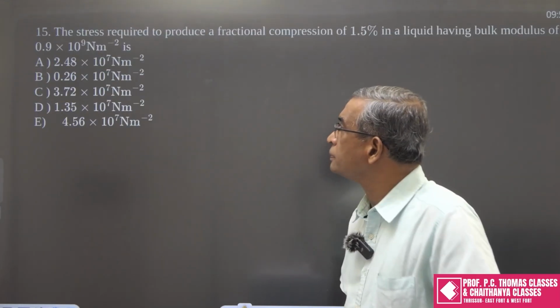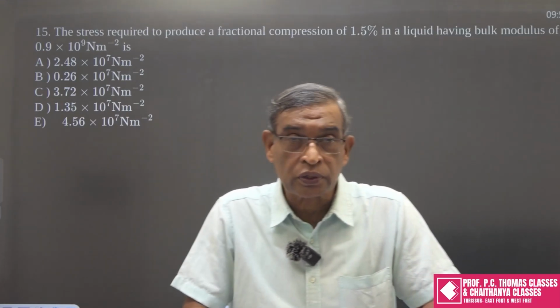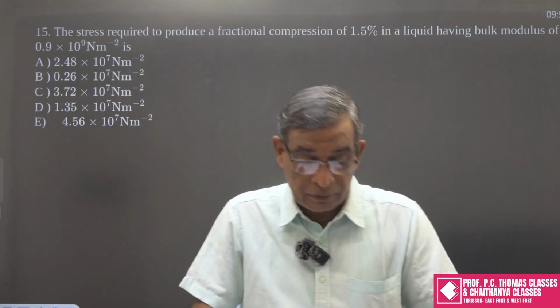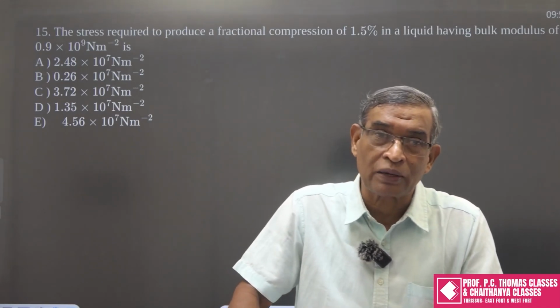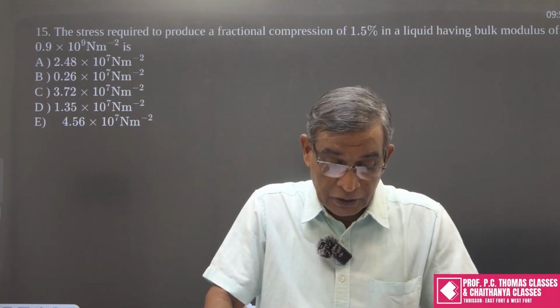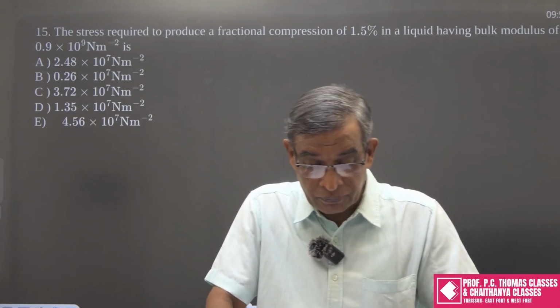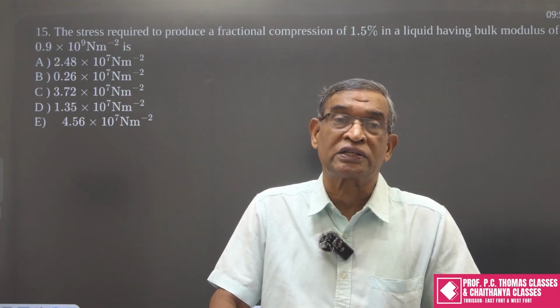Eighth question. The stress required to produce a fractional compression of 1.5 percentage, fractional delta V by V into 100, that is given. Fractional compression 1.5 percentage in a liquid having a bulk modulus. So we have to calculate the stress.